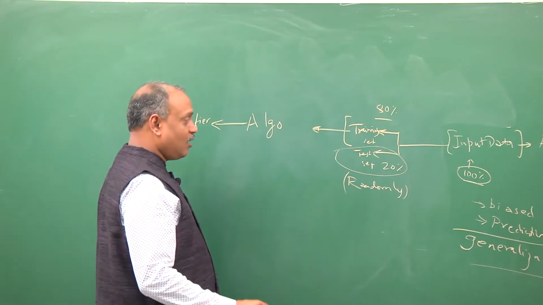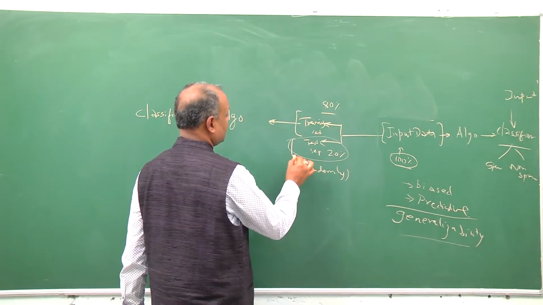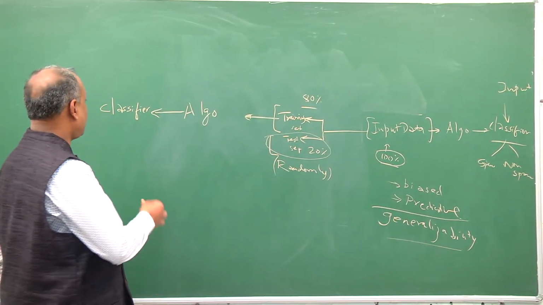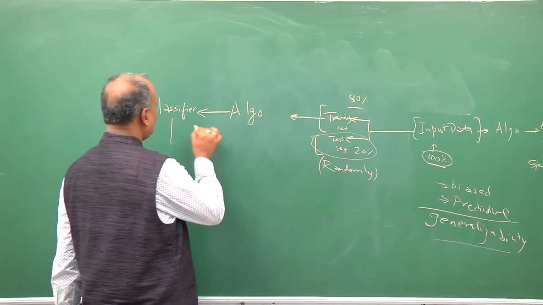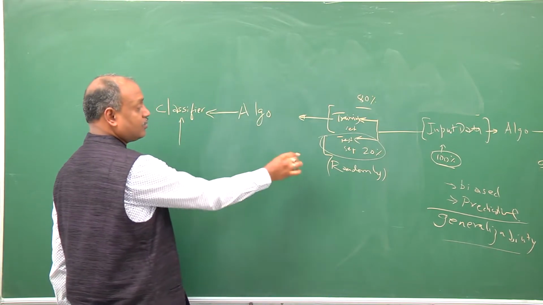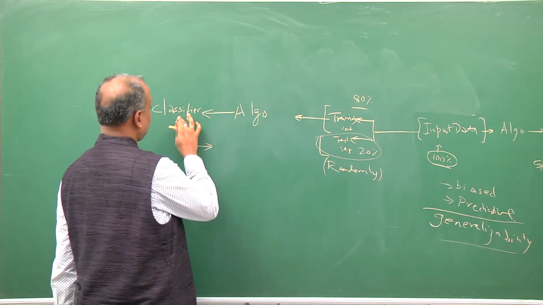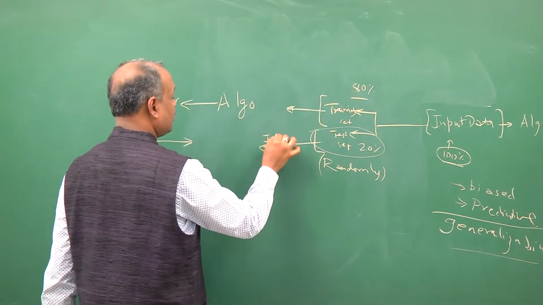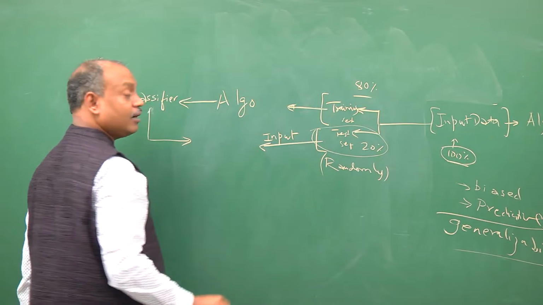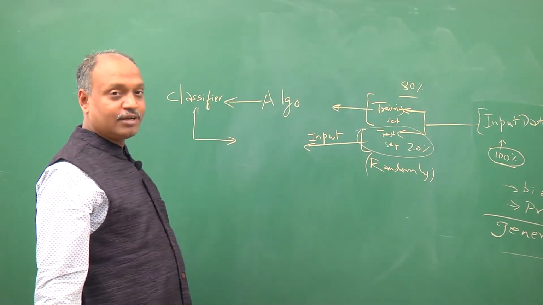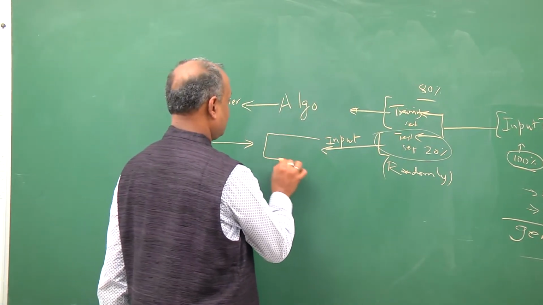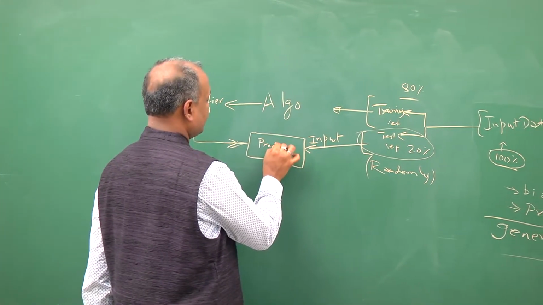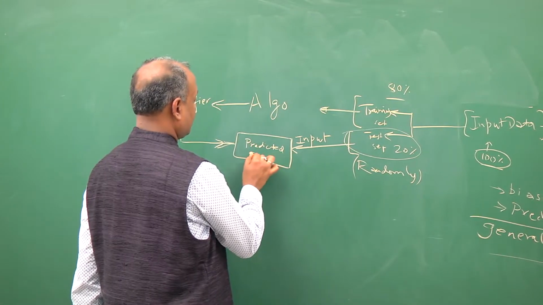What you do is you treat this test set as potentially new data that is coming your way, and you apply the classifier which you have learned onto the input of this test set, and you get some predicted class.